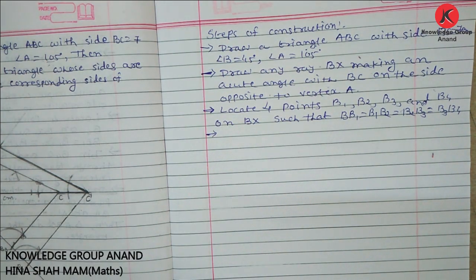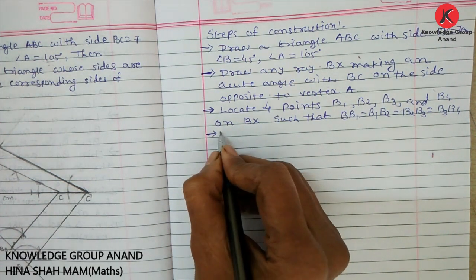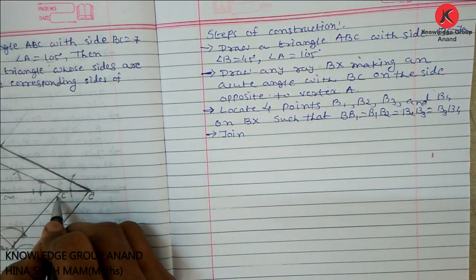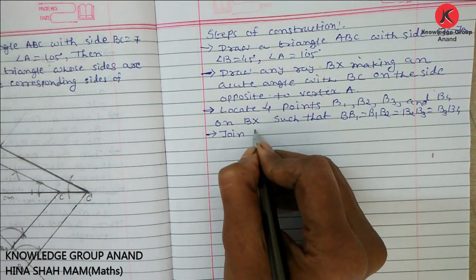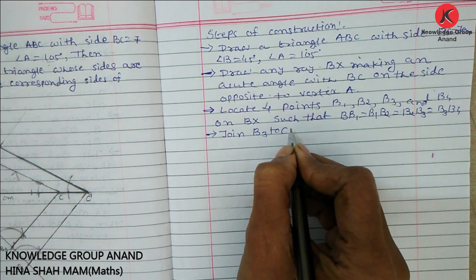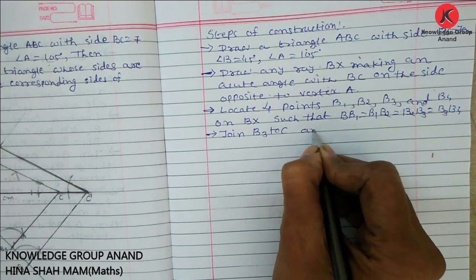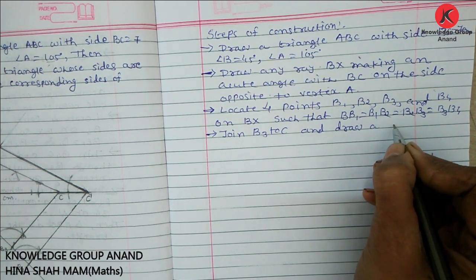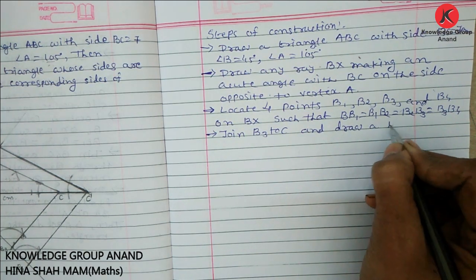Then what we do? We join which number? Join B3C. Join B3 to C and draw a line.